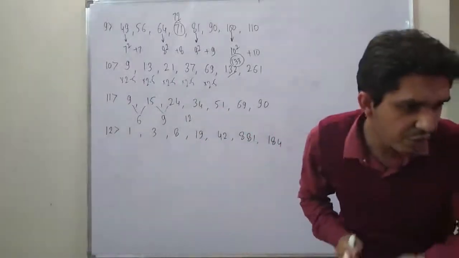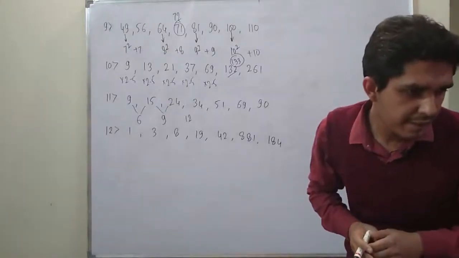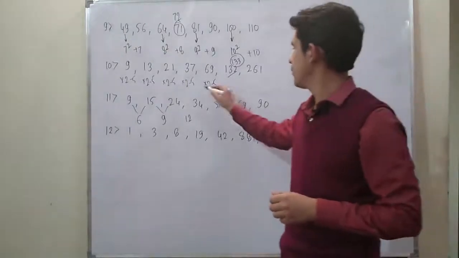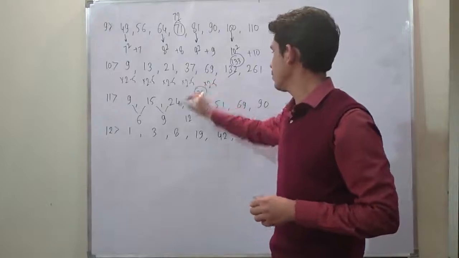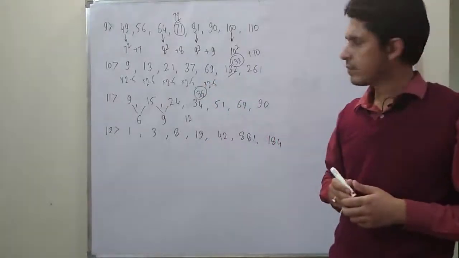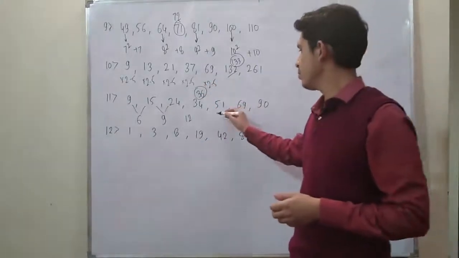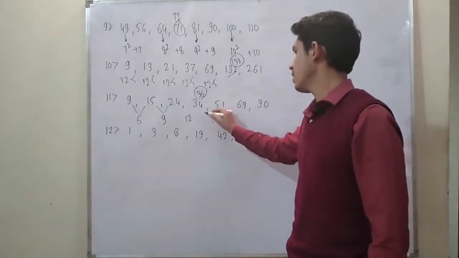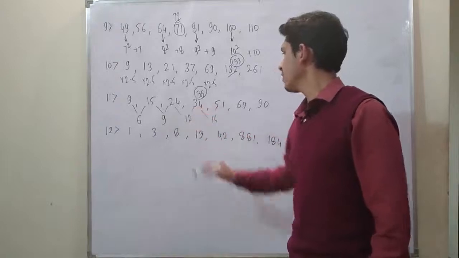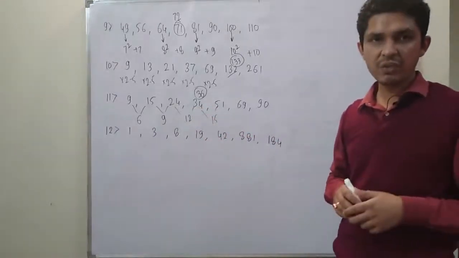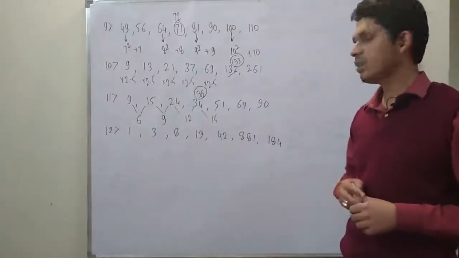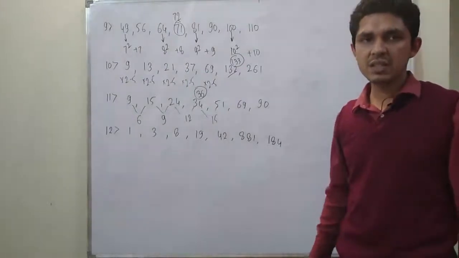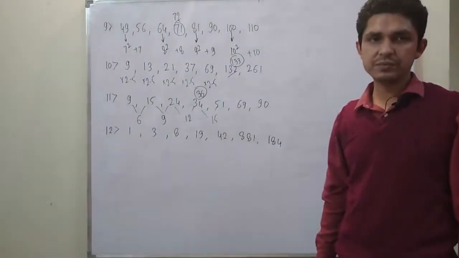The difference should be 12. And if we put the difference of 12, the number should be 36 here. And thereafter, we would have to put the difference 6, 9, 12, 15, right? And if we add 15 to 36, the number will be 51. So here the wrong number will be 34. We should have 36 in the place of 34.